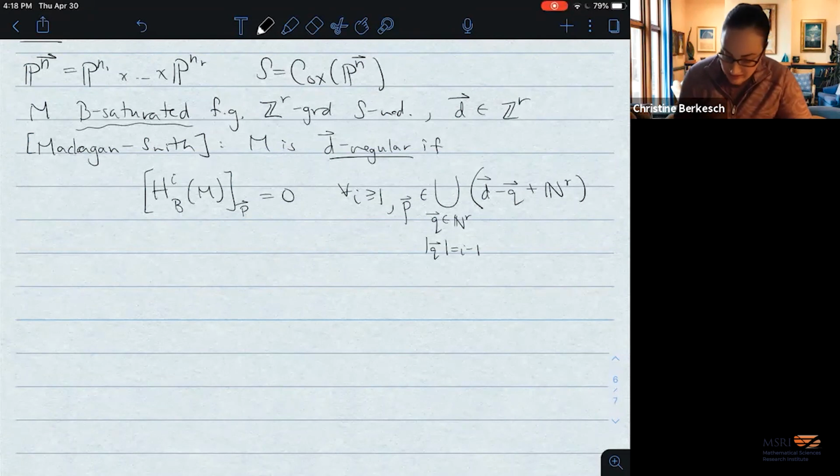Okay, to give you the analog of how d-regularity and linearity match up in this setting, we need one more bit of notation.